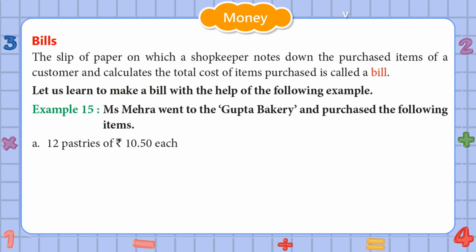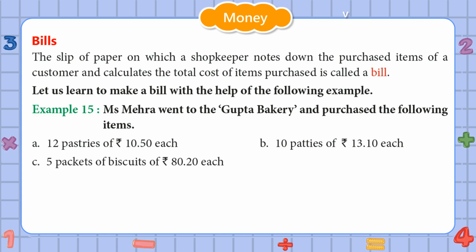A. 12 pastries of rupees 10 and 50 paise each. B. 10 patties of rupees 13 and 10 paise each. C. 5 packets of biscuits of rupees 80 and 20 paise each.